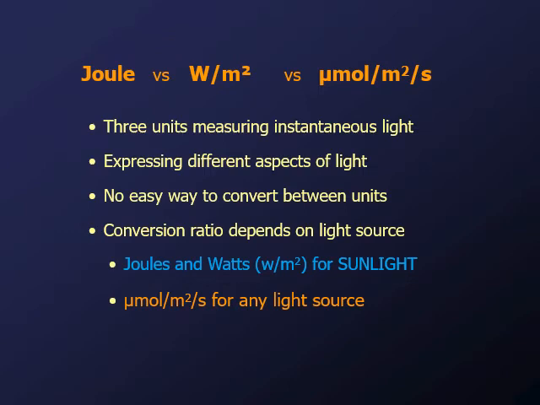For instantaneous global radiation in a greenhouse, we talked about either joules or watts per square meter. There are some modern greenhouses that do use PAR sensors up on the mast, but not many. These units are not so convenient to convert between.